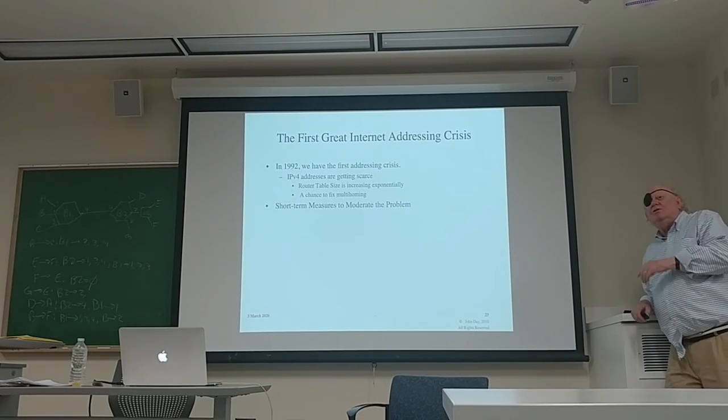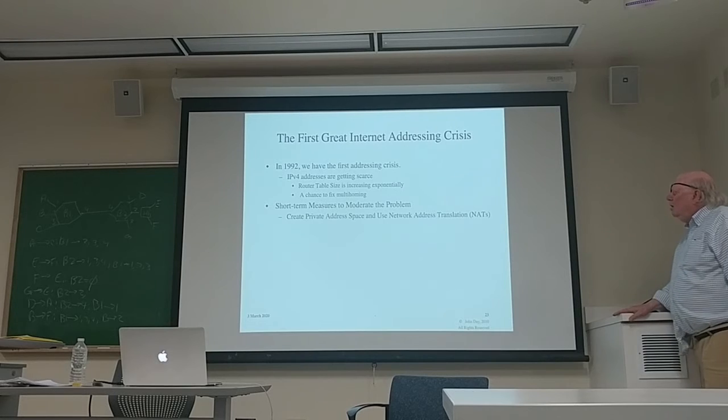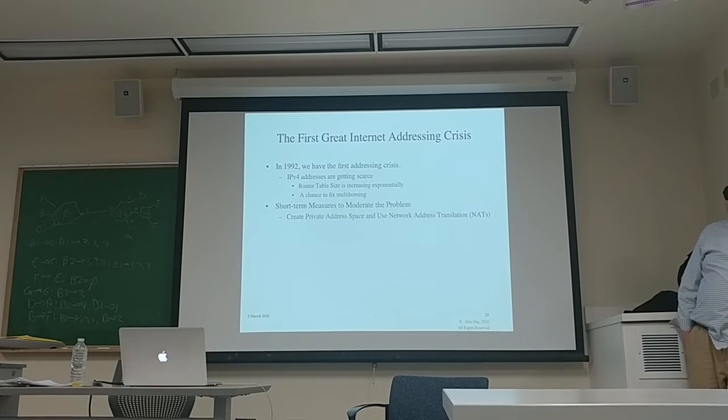Anyway, this was a crisis. So they took some short-term changes to moderate the issue. First, they created private address space, which we talked about last time. They realized that not everybody had to have a public IP address, and in fact, it was a little bit better security if they didn't. So they created private address space that would lower the demand for IP addresses.